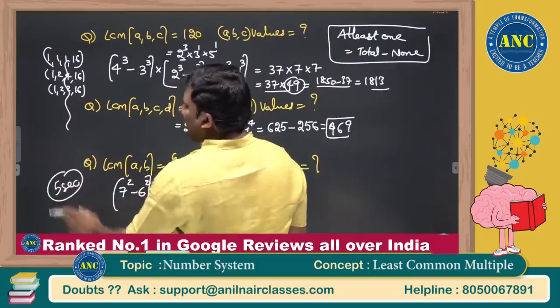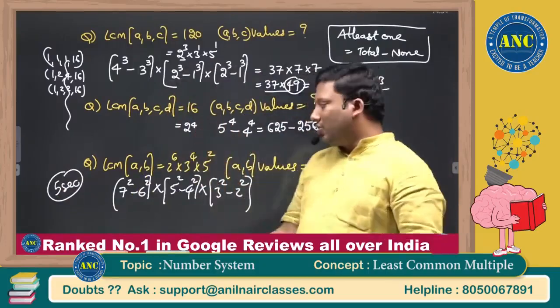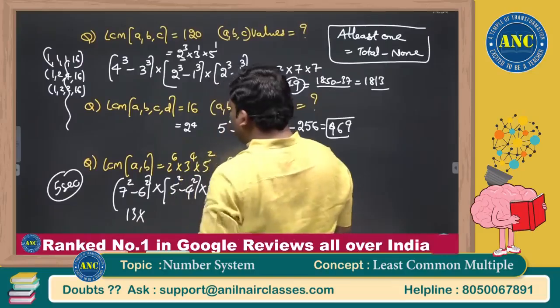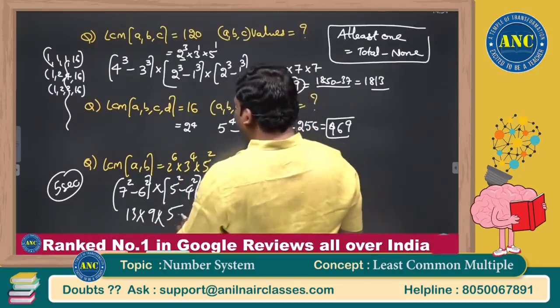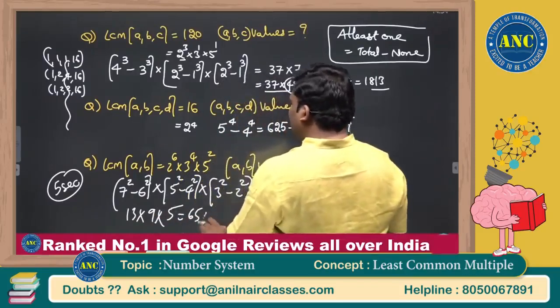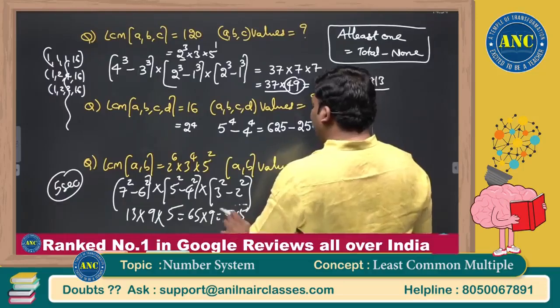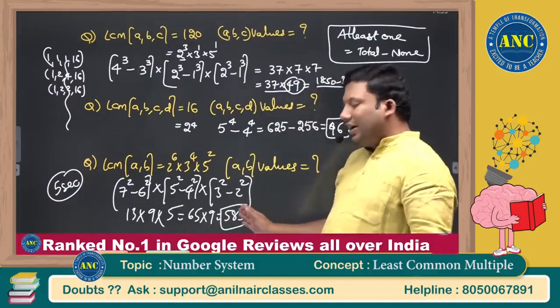Initially it will take 20 seconds, but once you understand this way of solving, you can do it at your fingertips. 49 minus 36 is 13, 25 minus 16 is 9, 9 minus 4 is 5. 13 fives are 65, into 9, which is 585.